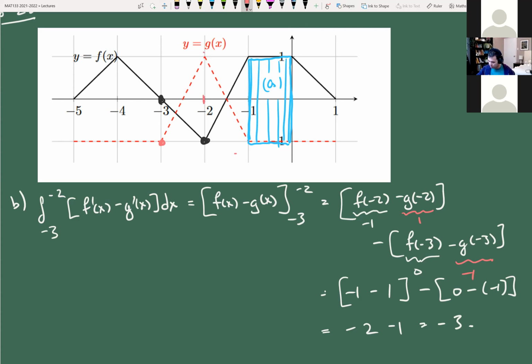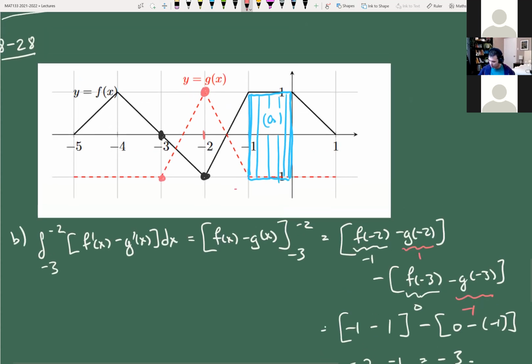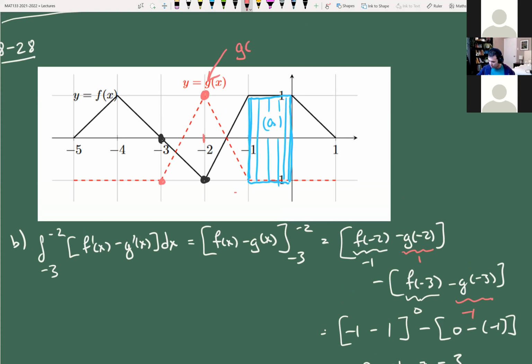Here's -2. This is G of -2, right? And what is the Y value of that? Is 1. Same, yeah, let me answer that one in a question. And you're good? That makes sense? Okay, cool.